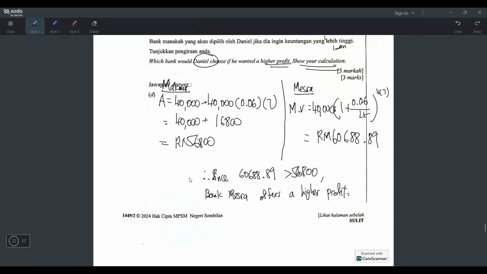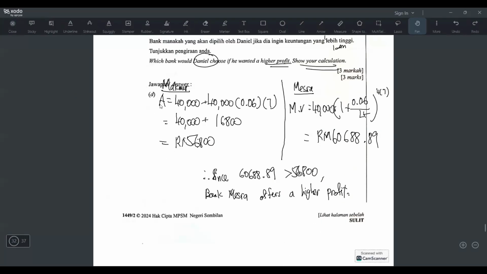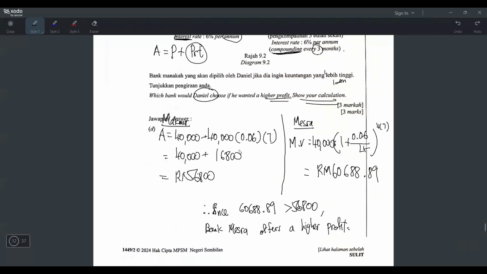Okay, I'm looking at the schema jawapan. I know the schema jawapan did it a little bit differently. Instead of finding the final amount, they just find the interest. So the schema working for Makmur is this one, and for Mesra, they take the 60688.89 and minus 40k because they want to see how much extra profit he earned.